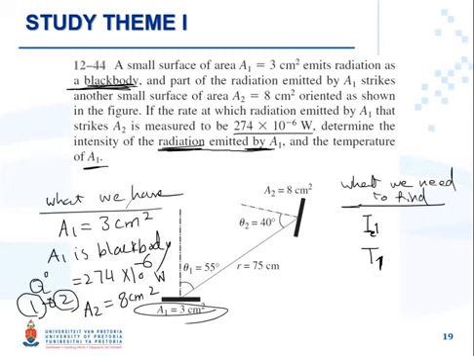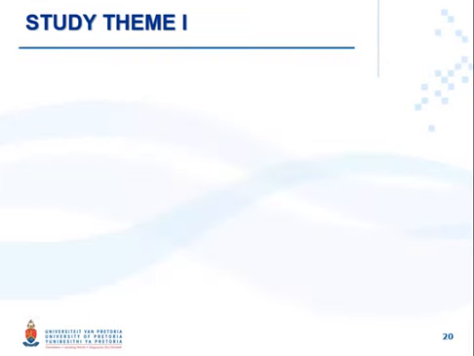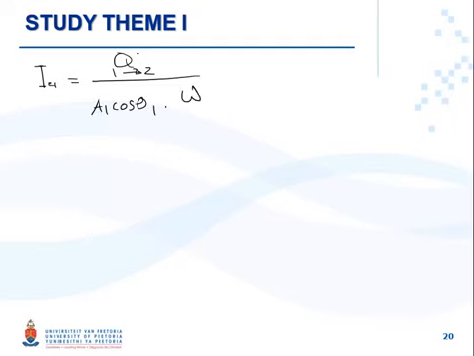Now let's see how we are going to calculate. If you remember, we say that I1 is equal to Q dot 1 to 2 divided by A1 cosine theta 1 times the solid angle of 2 to 1. So it's a correlation that you can find in your textbook.